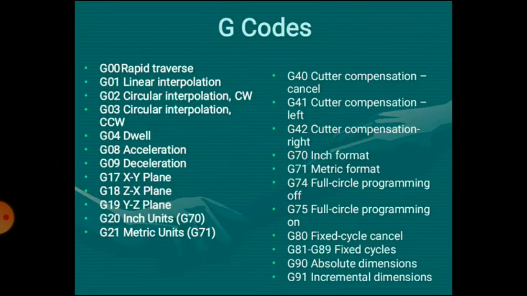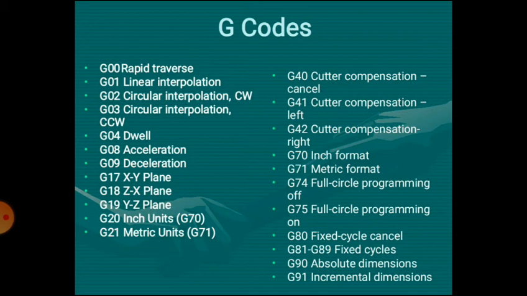So these are some G codes that are shown. We will see the various codes, their operation and their function. G00 means rapid traverse or point to point positioning at rapid movement, and the function is rapid travel of the tool and to approach the tool change position. G01 is linear interpolation.